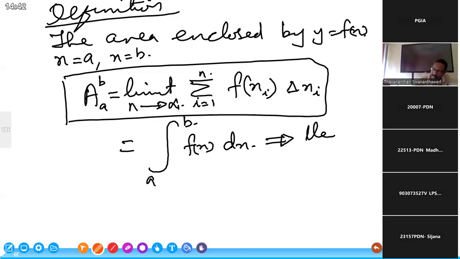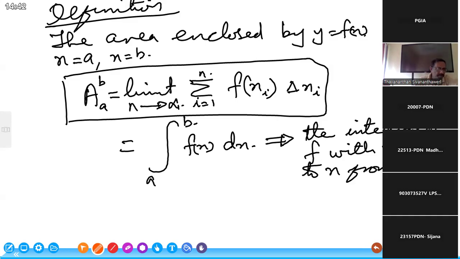The integral of f function with respect to x from a to b.